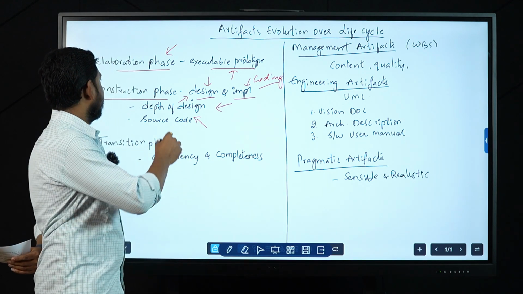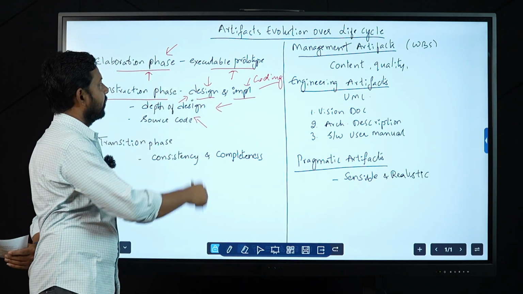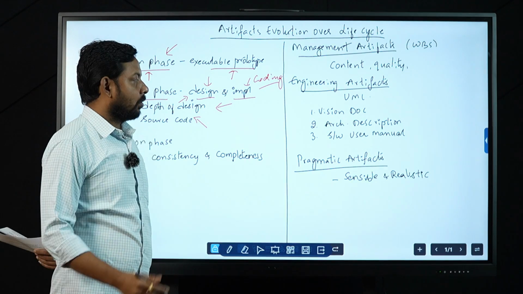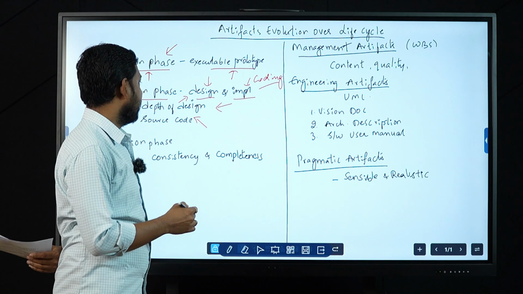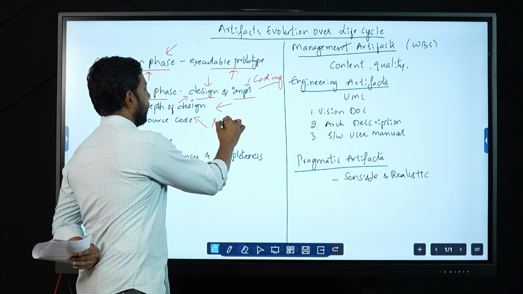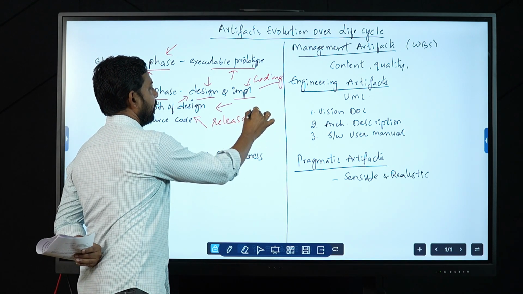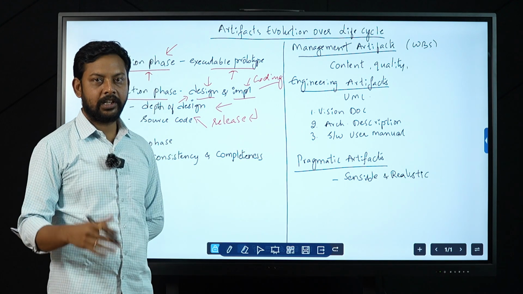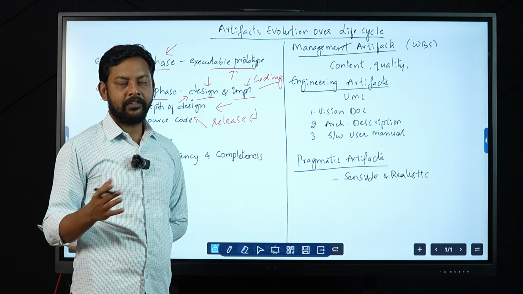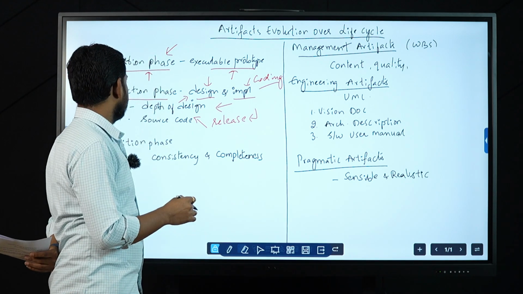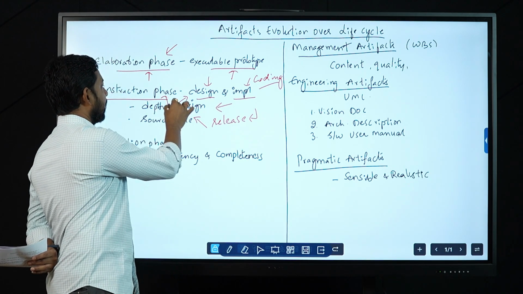As we already said, in your elaboration phase, we are going to work with your executable prototype. This particular executable prototype comes into picture with each and every release here. At each and every release, you are going to release a particular software of a certain version. Whether this particular version is in line with your software or not, that is looked at by your construction phase.